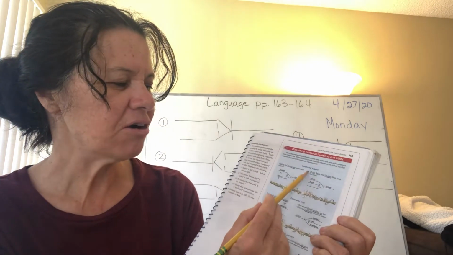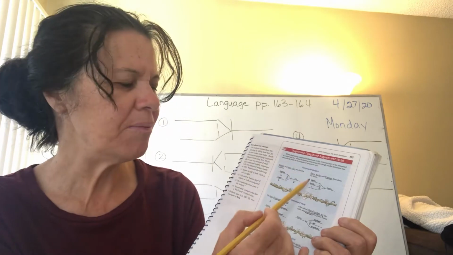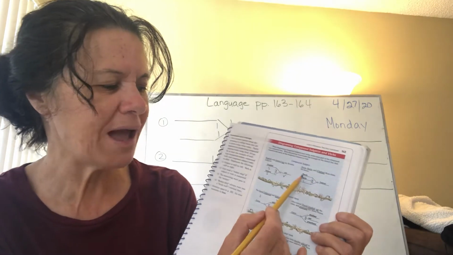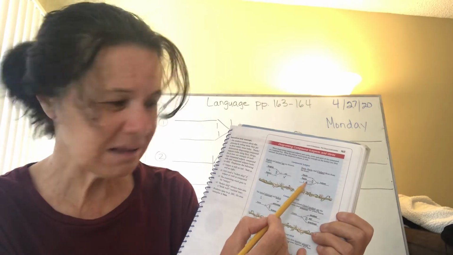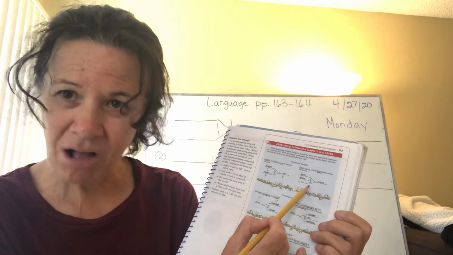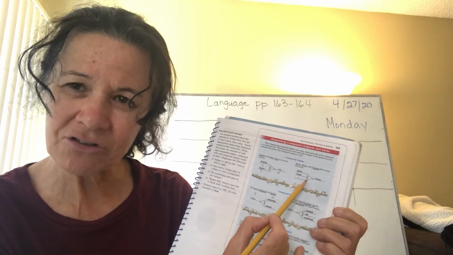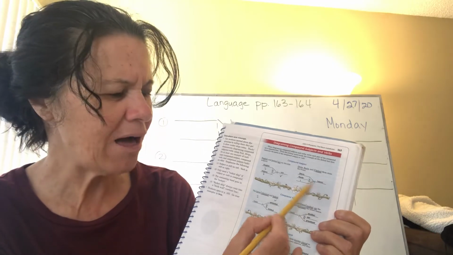Then here, compound subject with three people. Devin, Kayla, and I helped Mom clean the house. So we have Devin on the top line, Kayla on the second line, and I on the third line. And we have our connecting word and right here in the triangle, written on the dotted line, and our verb to the right, helped.